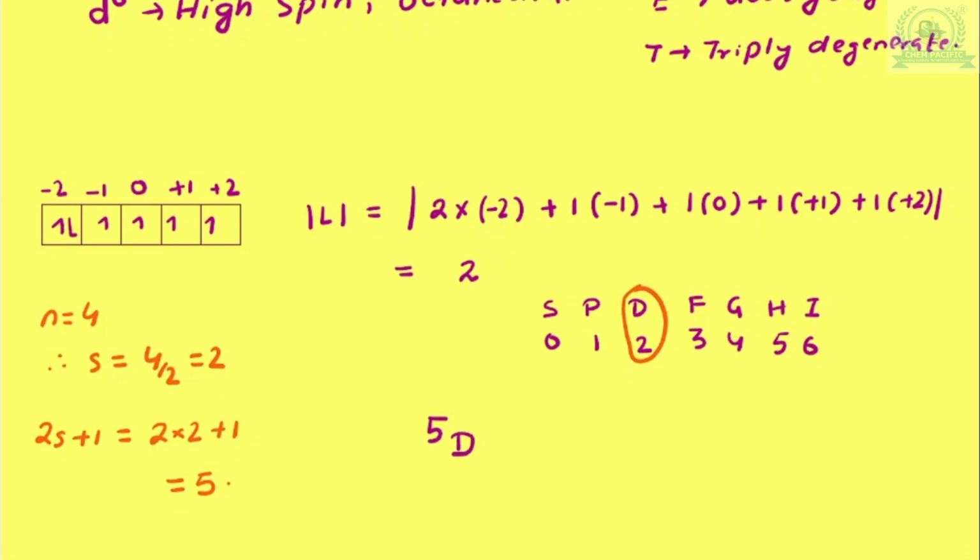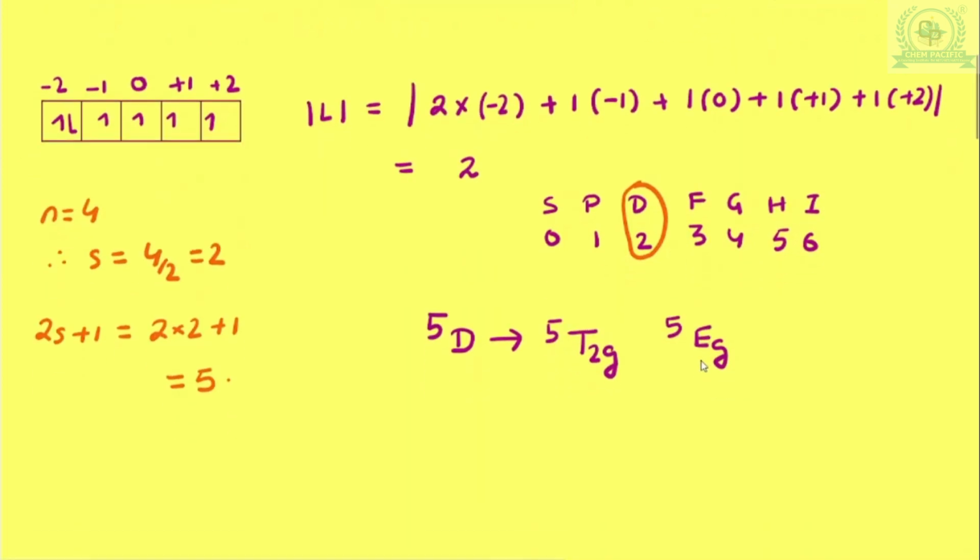5D. And since it is d6 high spin, 5D will get split into 5T2g, which is the ground state term, and 5Eg. So there will be only one transition, from the ground state to the one excited state.